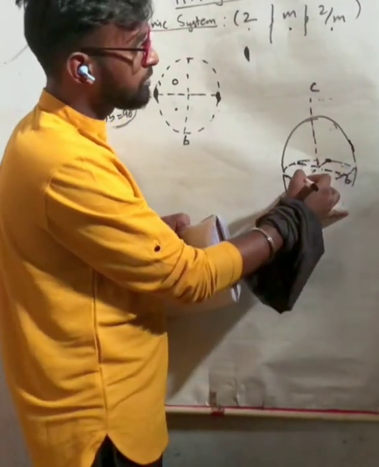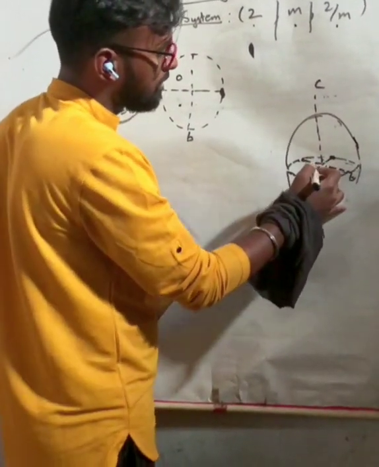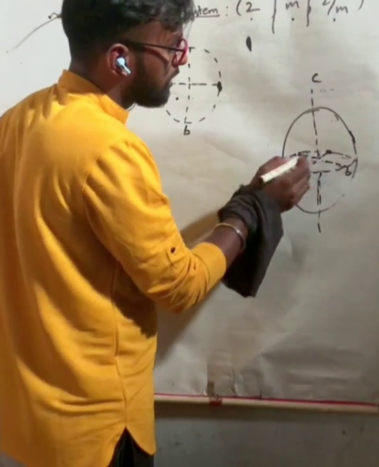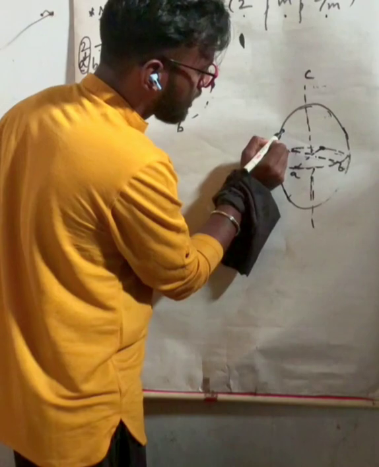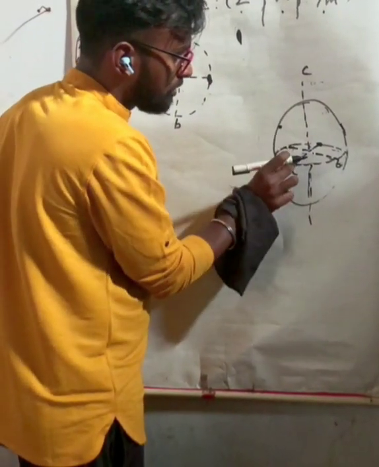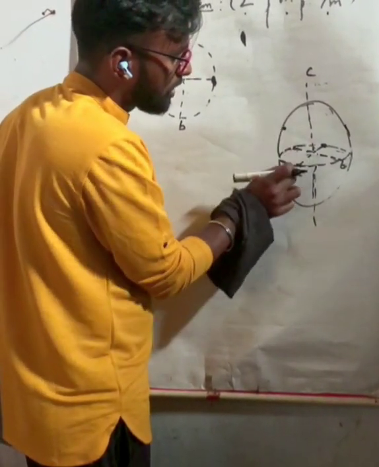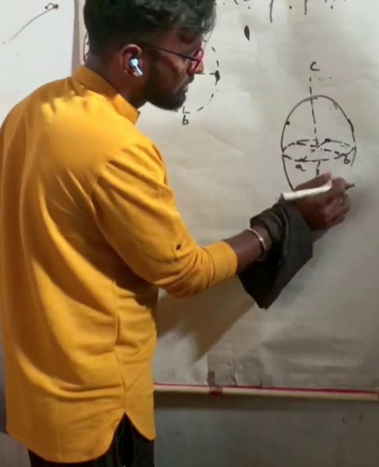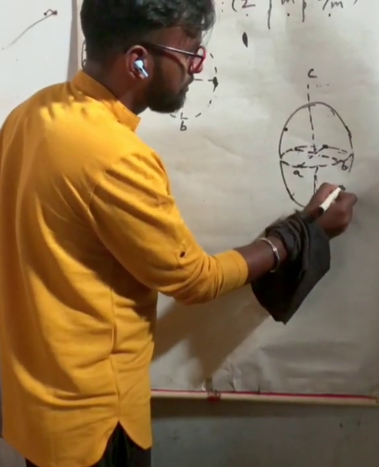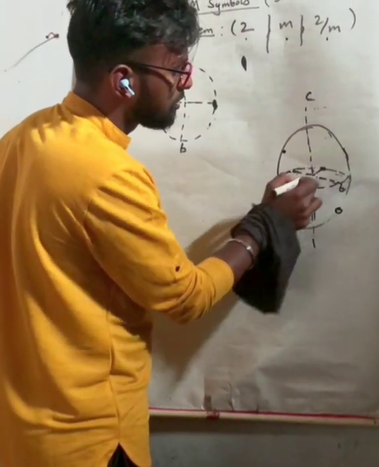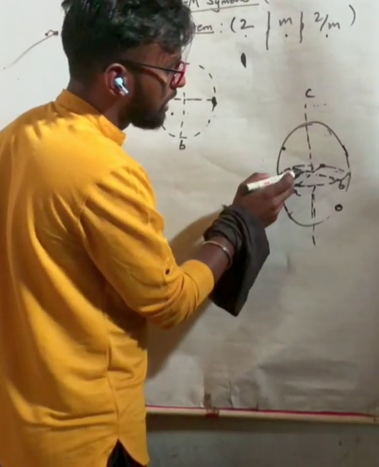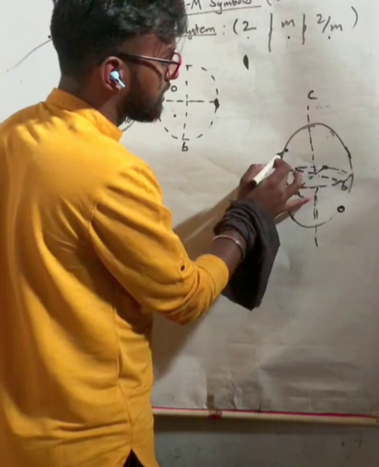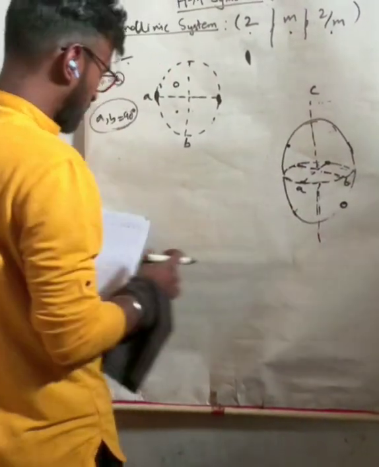Because this is an axis of twofold symmetry, it will have the projection of this element at 180 degrees. Suppose we have an element here. Now if we rotate about this axis, we will have its projection here, not because of a center of symmetry but due to the rotation. Because it is in the lower hemisphere, you will have this variation, this as a dot and this as a circle.